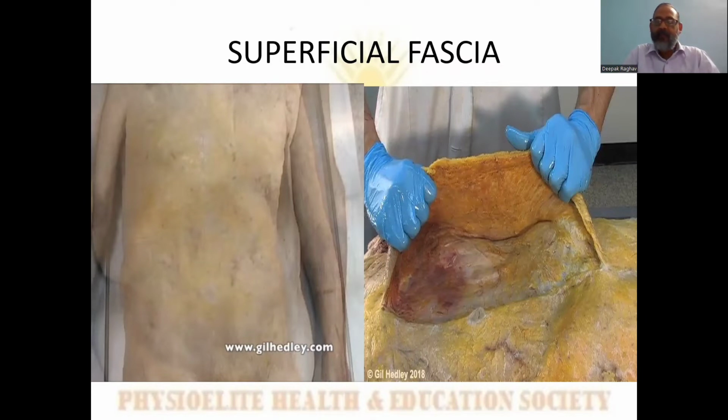The most interesting thing is that the shape of the human body is given by this superficial fascia layer. If we remove the superficial fascia of a fat person or a thin person, the body is almost the same. So the shape of the body is given by the superficial fascia.